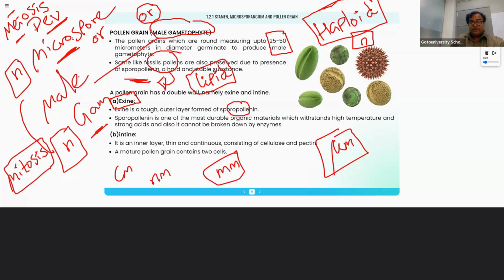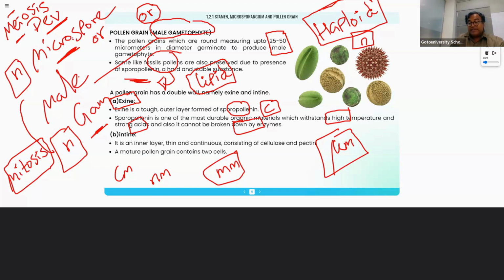Sporopollenin is an organic molecule, meaning a carbon molecule. This carbon molecule sporopollenin of the exine does not allow the pollen grain to get decayed because it is temperature resistant, acid resistant, enzyme resistant. This much strength is what we observe in sporopollenin, a strong lipid molecule.